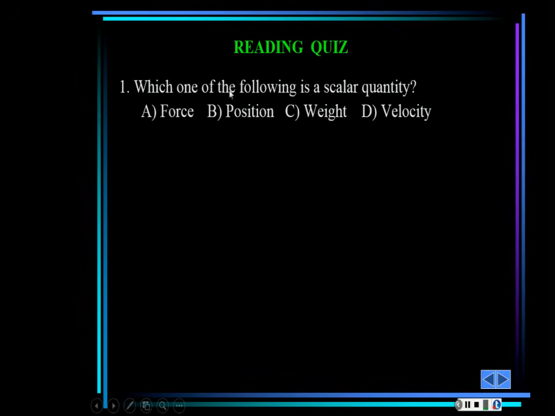Okay, which of the following is a scalar quantity? Mr. GTA, please, I want you to ask them to raise hands for the options. I want you to check what I'm telling you when I say option A, and tell them to raise their hands, and you verify they are raising their hands.